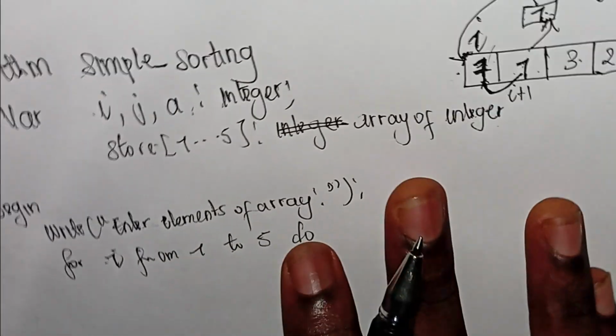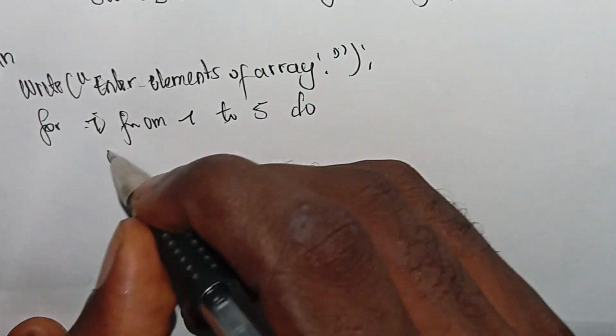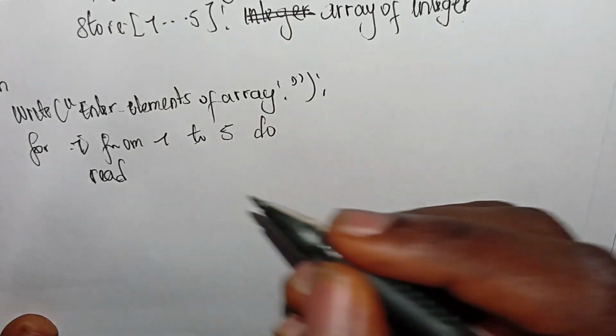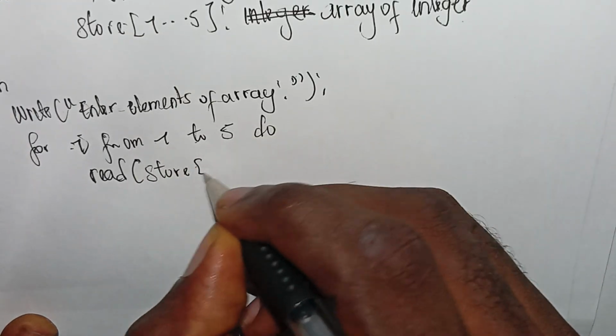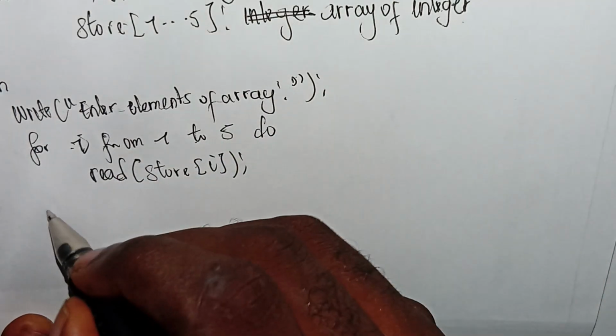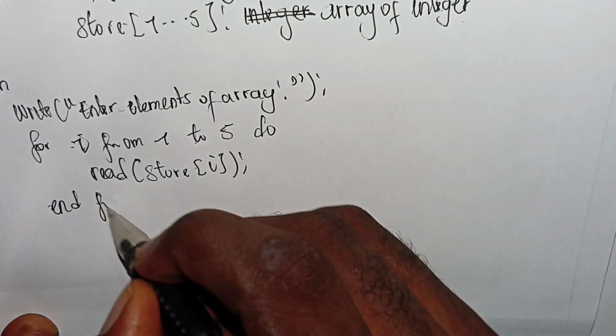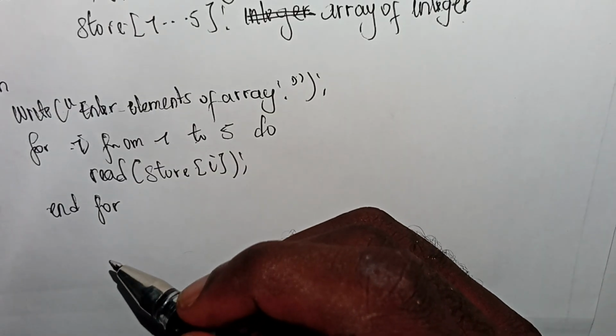So we want to read these elements from our for loop. So read store at the index of I. So this will go on 5 times and our array will be full. Okay, that was the first part, us filling the array.